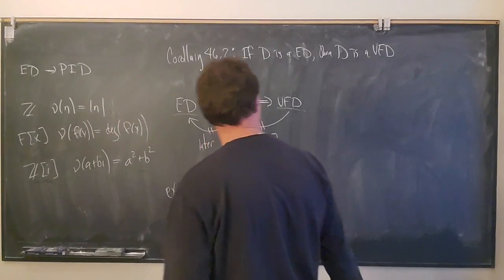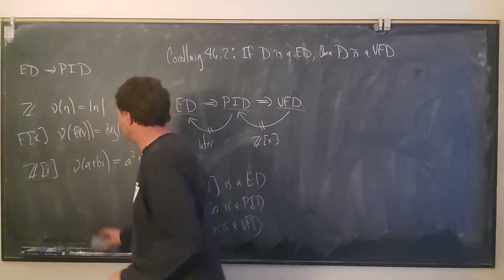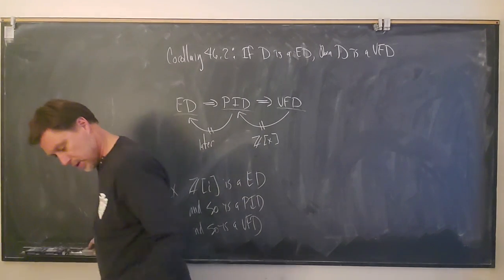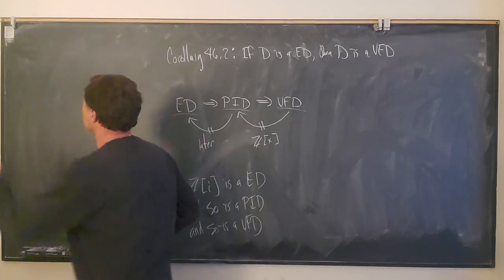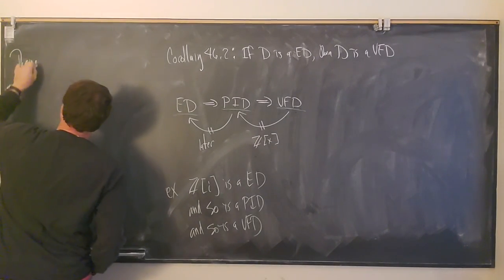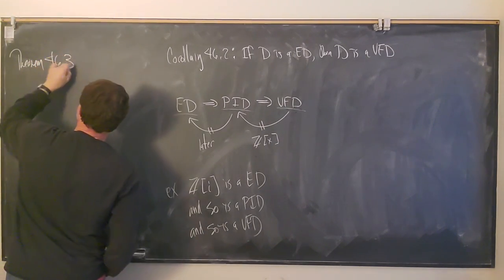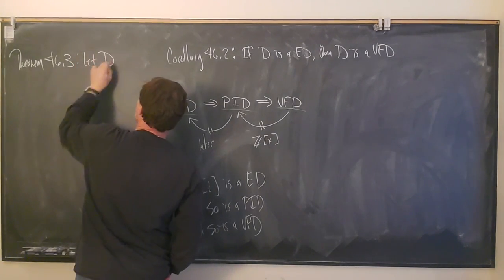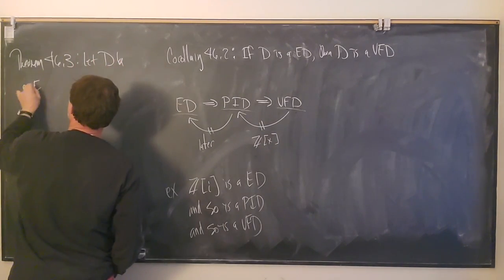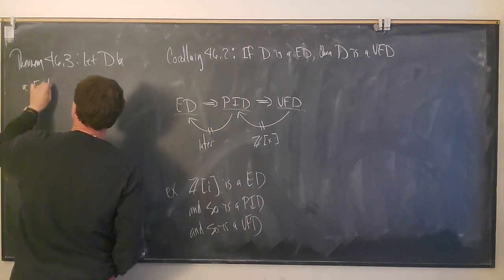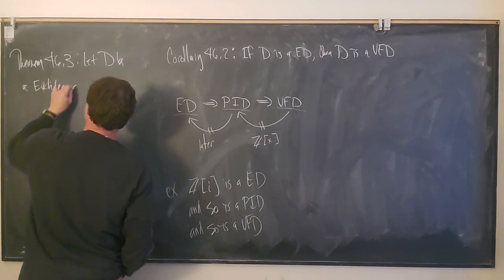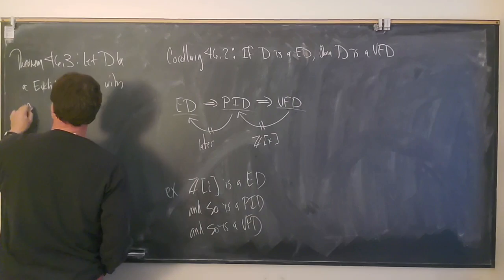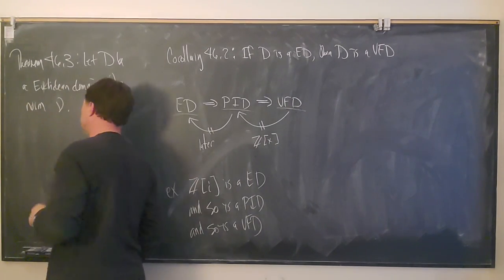Now, we can get a little bit more mileage out of Euclidean norms. This next result, theorem 46.3. Let D be a Euclidean domain with norm nu.